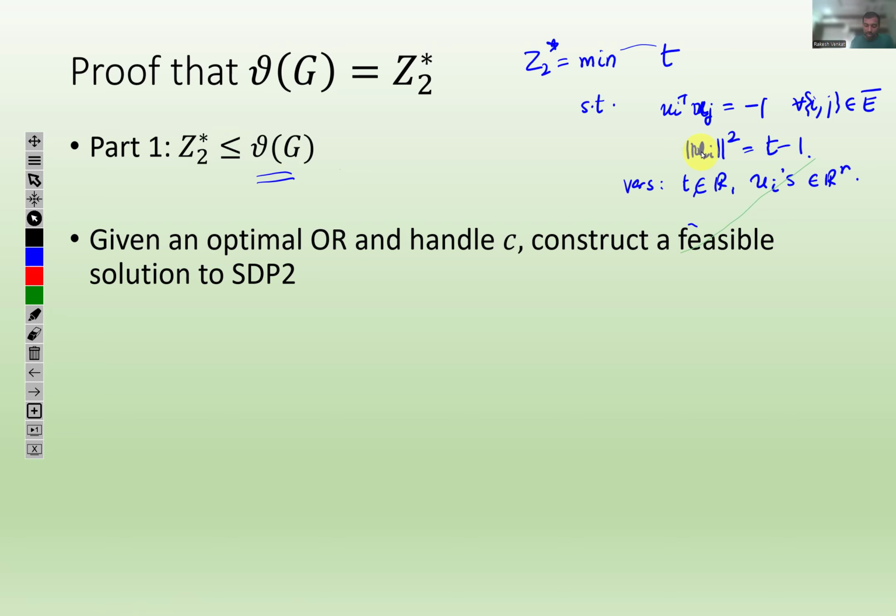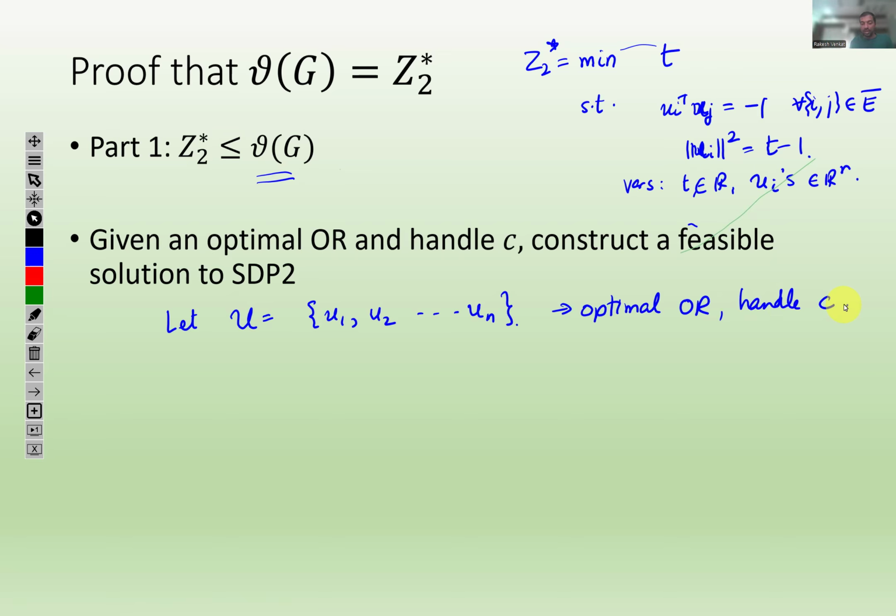Suppose I start with the optimal orthonormal representation for the graph, and the handle is C. It gives the value theta of G: the maximum of 1 over (C transpose Ui) squared is equal to theta of G.